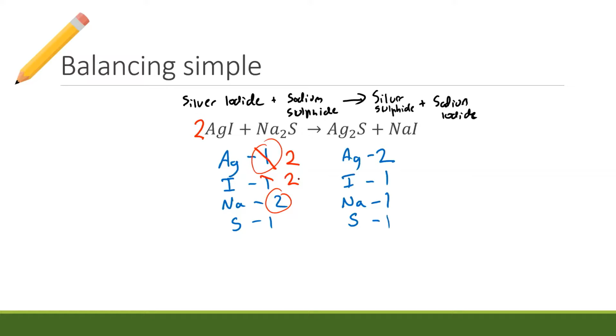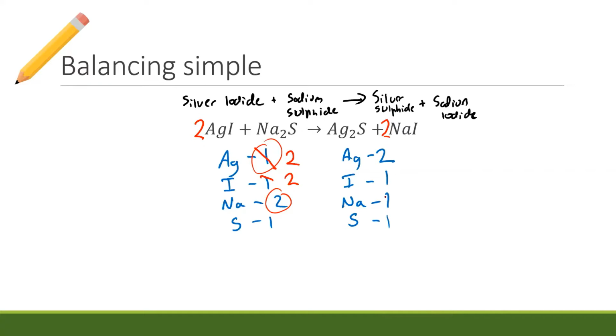So then maybe I'll move on to the sodium. I've got 2 sodiums on the left, and only 1 on the right. So to balance out sodium, I'm going to put a 2 here.